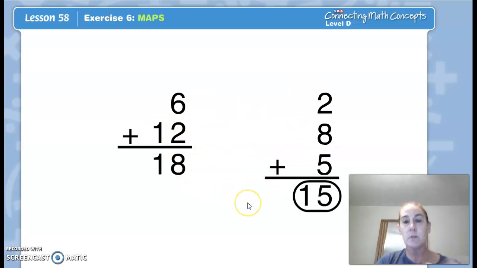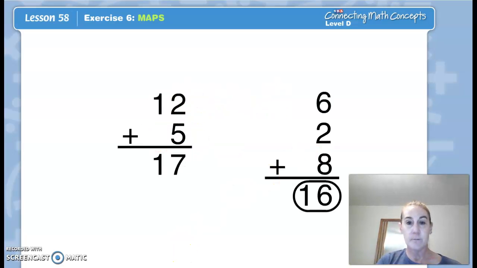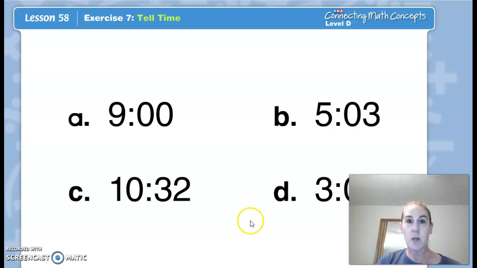When we get to the actual lesson and they tell you to try 2 different ways to get somewhere, it doesn't matter which way you try first. They just want to see if the numbers are the same or if they're different. So when we get to the worksheet, this will make a little bit more sense. So I'm going to skip through that.